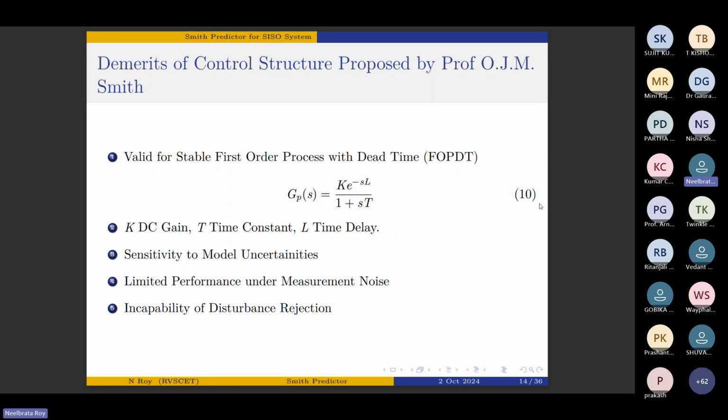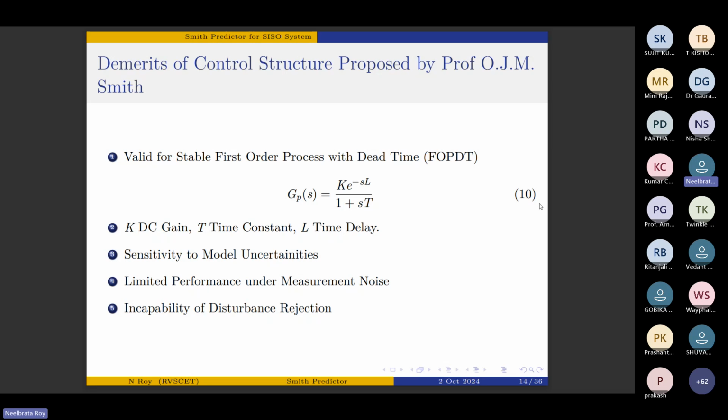And thirdly, the most important, the disturbance rejection is very poor. If any kind of disturbance enters on the input side, the output would directly get affected and become unstable. So for this, many Smith predictor structures were proposed by many researchers.